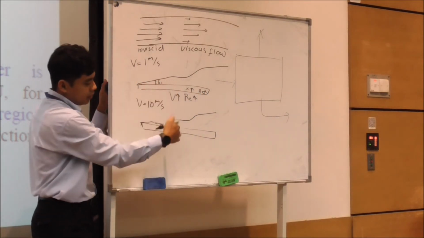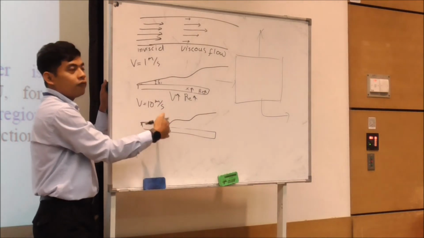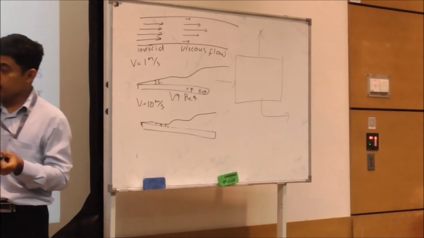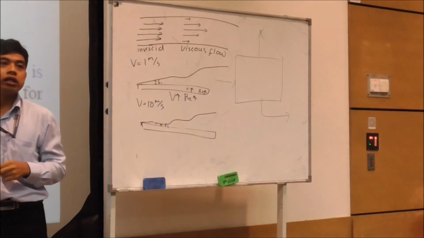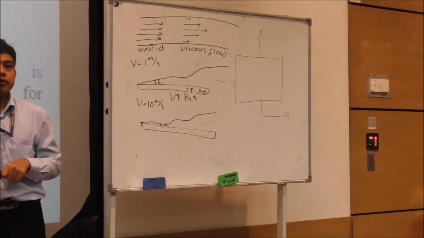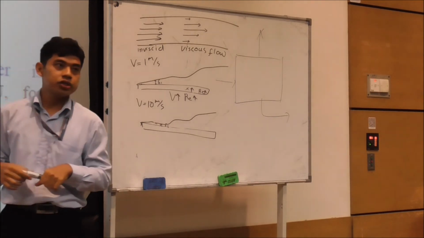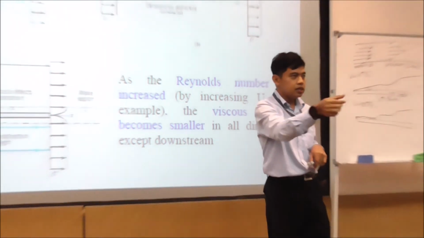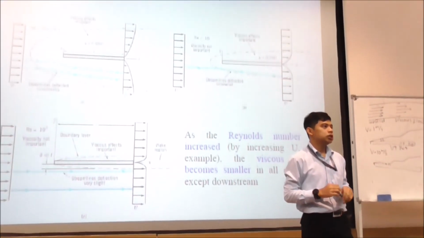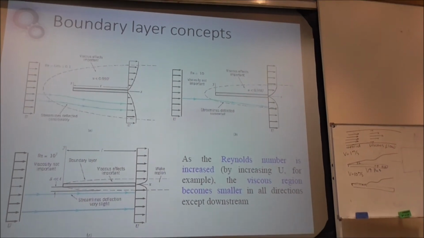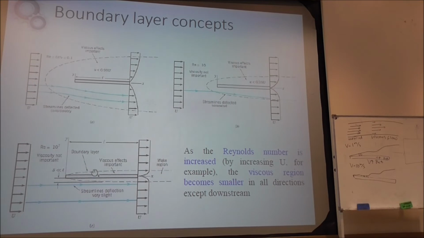But when we are talking about the same location, for the higher Reynolds number or higher velocity, your boundary layer is thinner. When the boundary layer is thinner, the friction is smaller, right? Because the viscous effect is smaller. So when you design your aircraft, you need to make it in this region. You have to make it very thin.